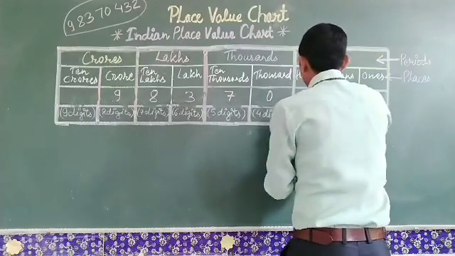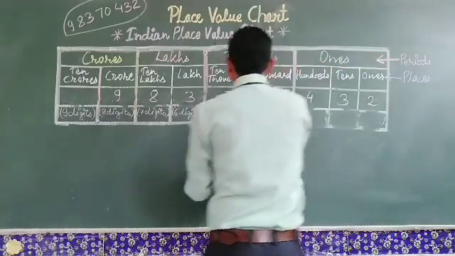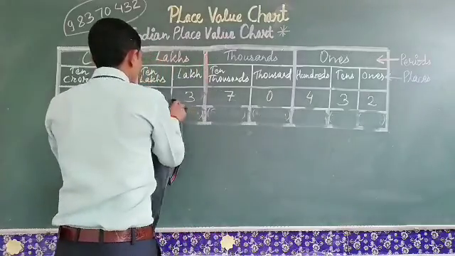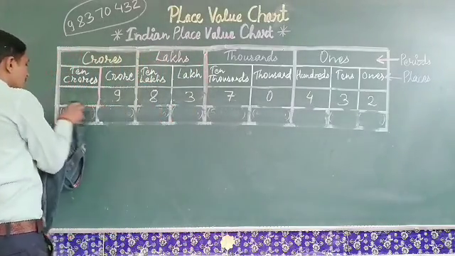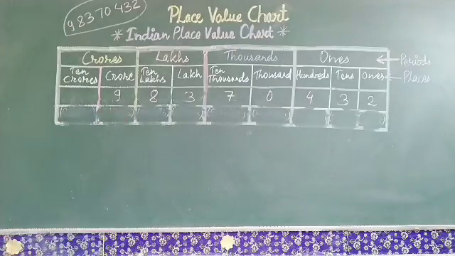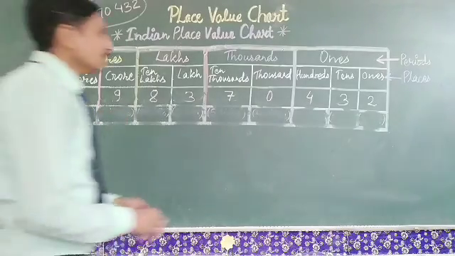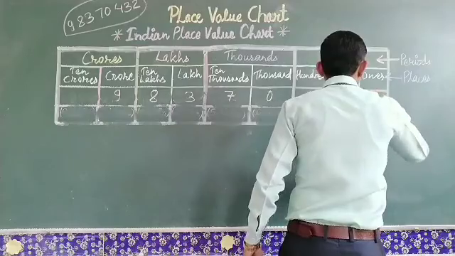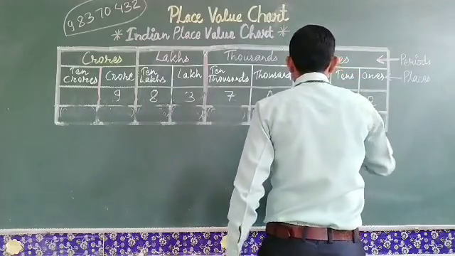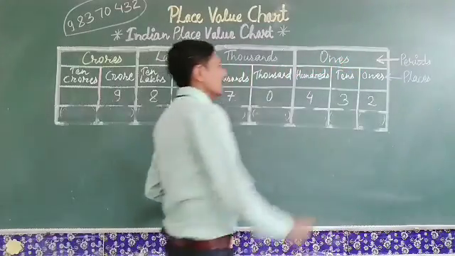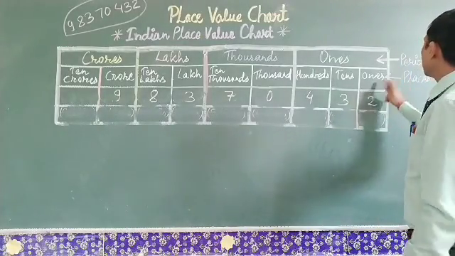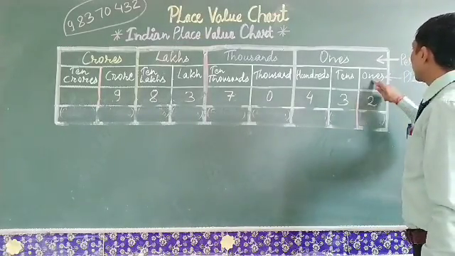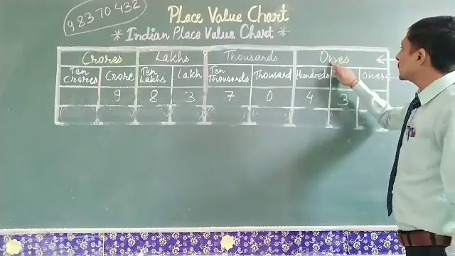Now look here. This 2: the place of 2 is ones place, which falls in the ones period.